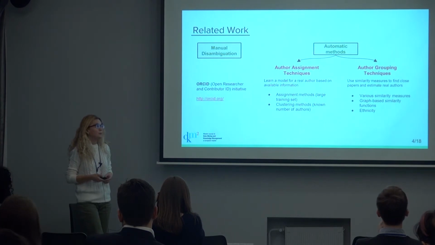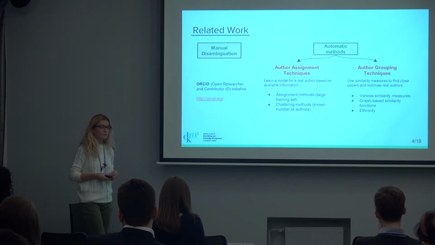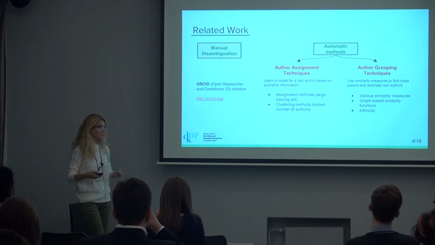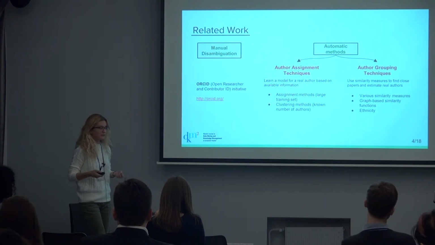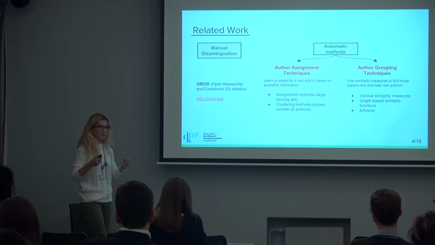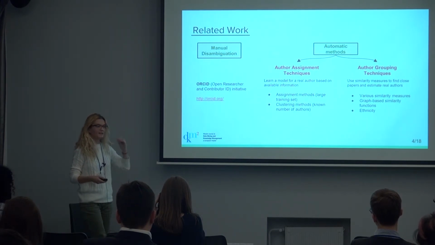So there are automatic methods. They are divided into two big groups. These are author assignment methods, which have to know in advance the number of authors in the data, the number of real authors. Basically, with assignment methods, we take the article and, after training, we assign a specific author.